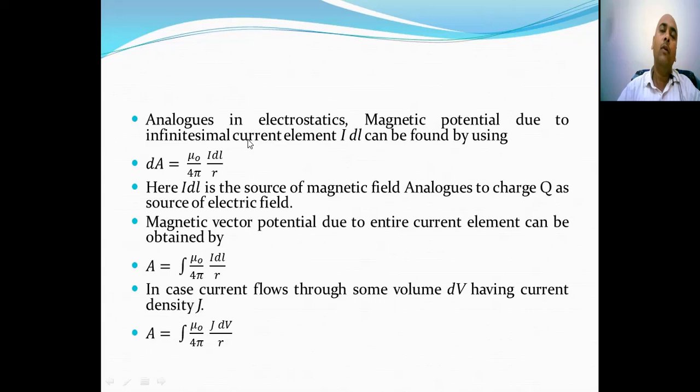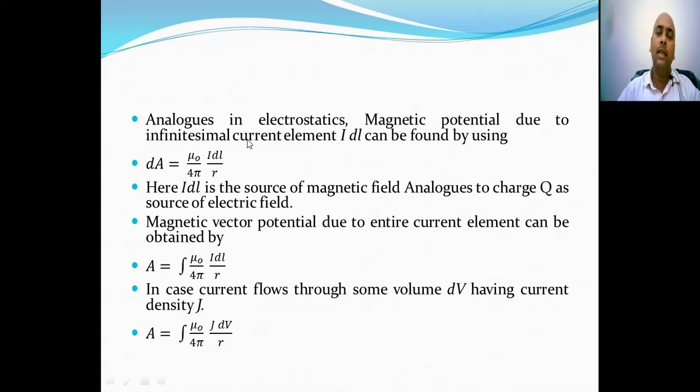Now we have to derive the expression of dA, because magnetic vector potential is due to the current element. So we have to derive the magnitude of magnetic vector potential due to a small current element.